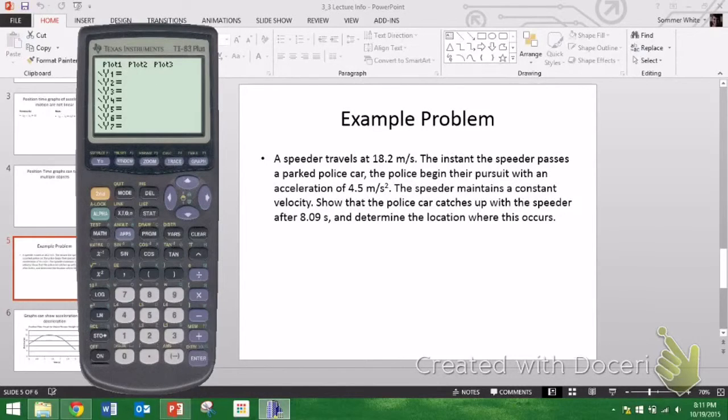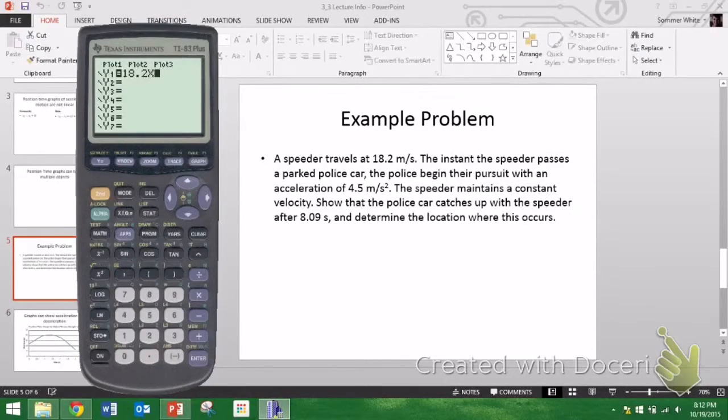When I go into my calculator, I can plug my information in. If I put in my equation for my speeder, I have 18.2, my velocity, multiplied by my independent variable. My independent variable is usually x on a calculator, even though we called it t in our math.